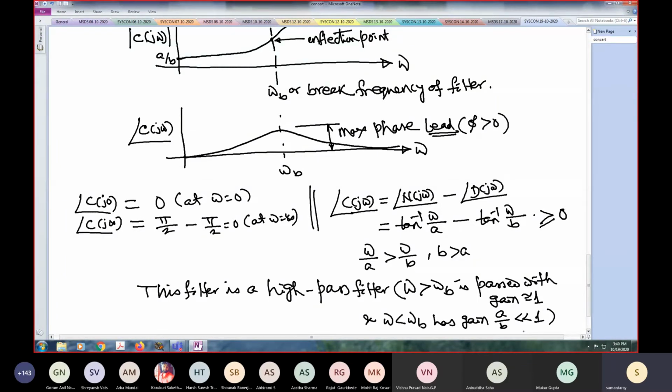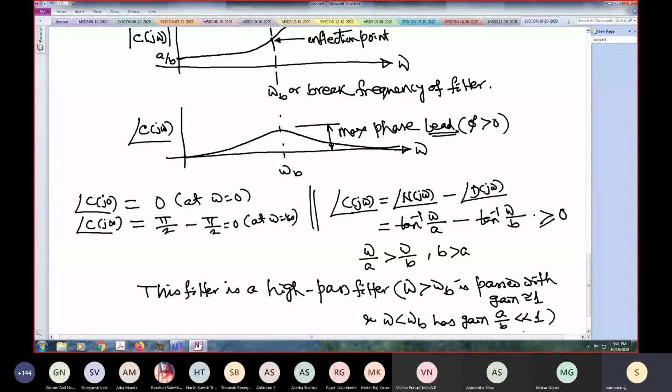All those frequency components below the cutoff frequency will be eliminated, or if not completely eliminated, they will be attenuated. So those values will reduce, whereas the high frequency components above the cutoff frequency will be passed as they are. So this is a filter that comes from the magnitude consideration.